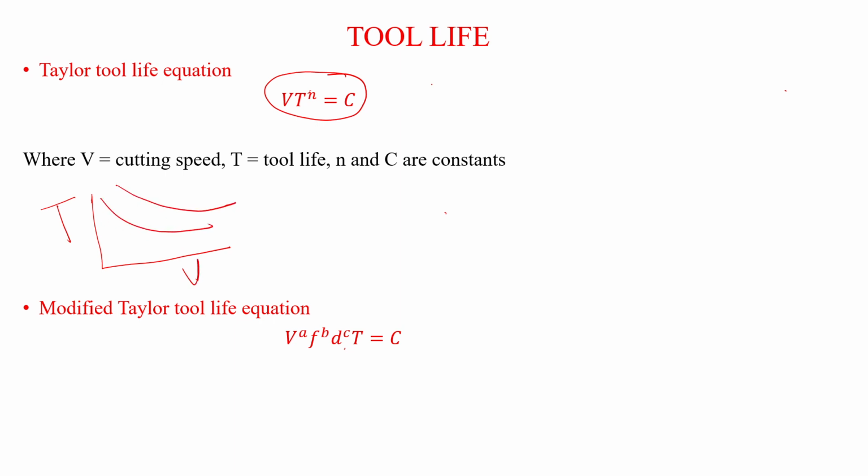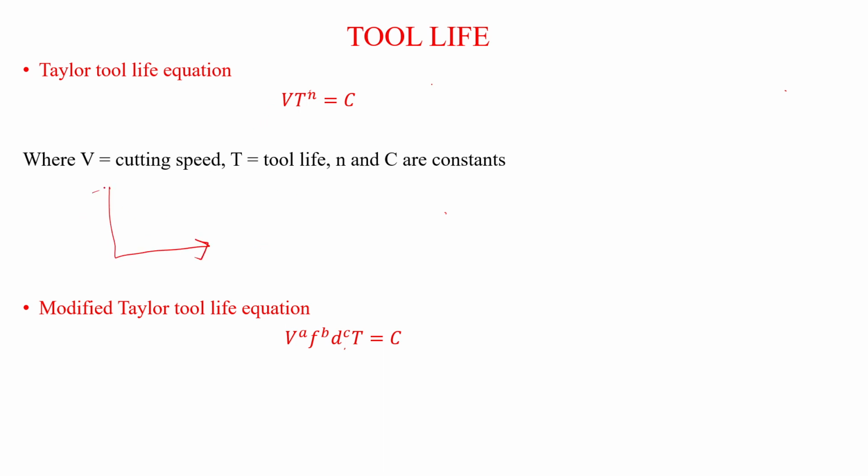But you understand now why this curve is coming. If I want to draw a curve between T and V, then this type of curve will come, which is a rectangular hyperbola. This equation is like this only: x y equal to constant.